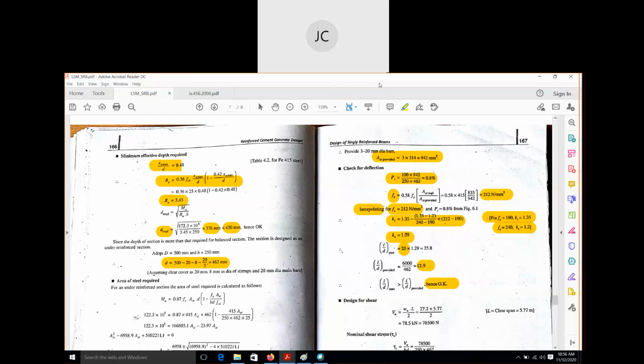Now if you have any doubt in this part, control of deflection, you can ask me.